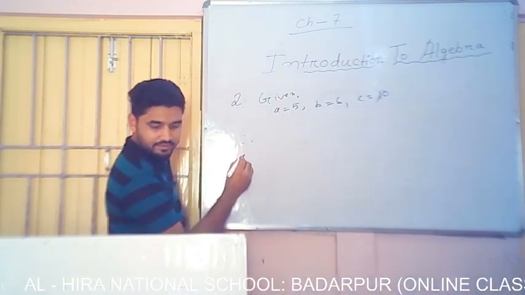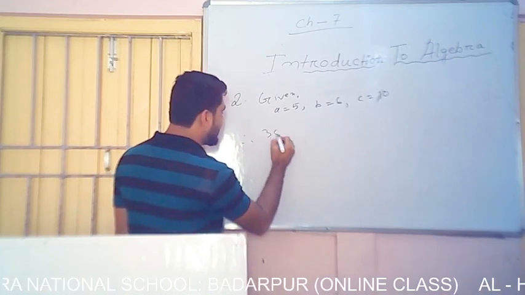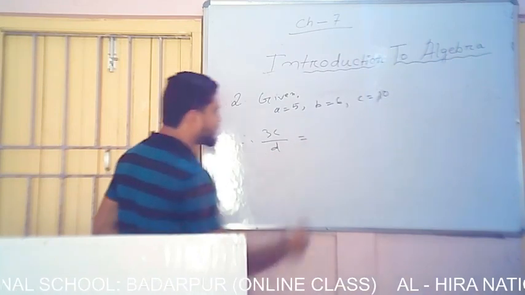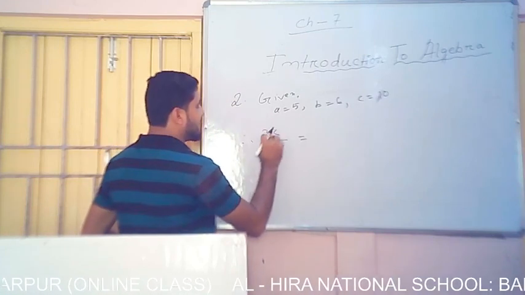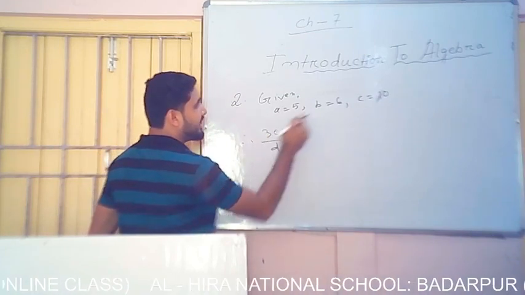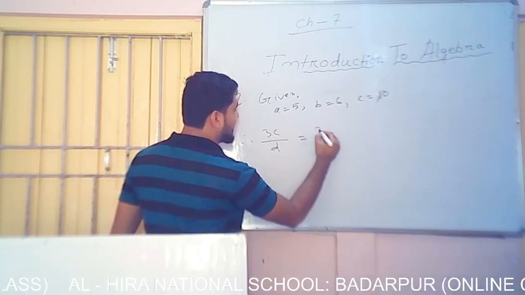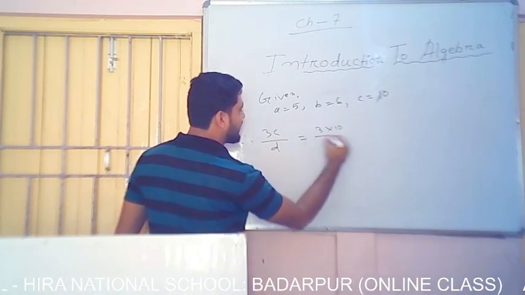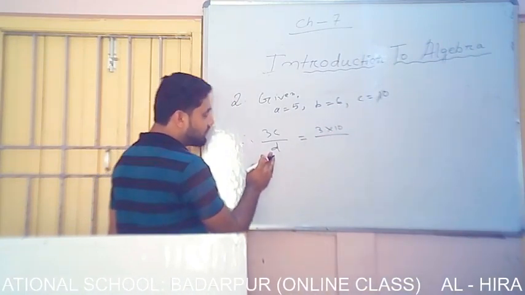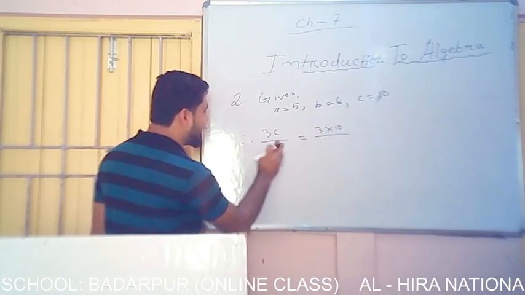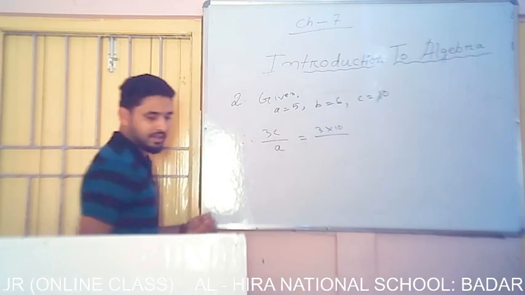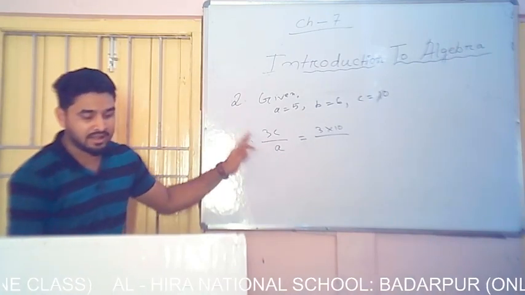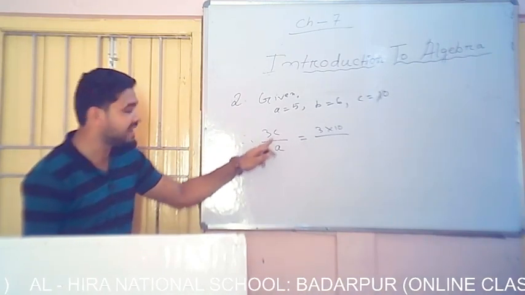Therefore 3c by a equals, we should just put the value of c. 3c means 3 into c, so 3 into 10. The question is 3c by a. Just I have written wrong, you just correct it. The first question is 3c by a.